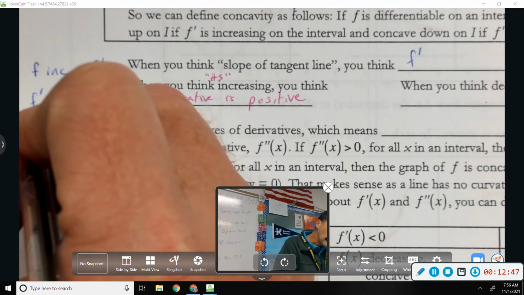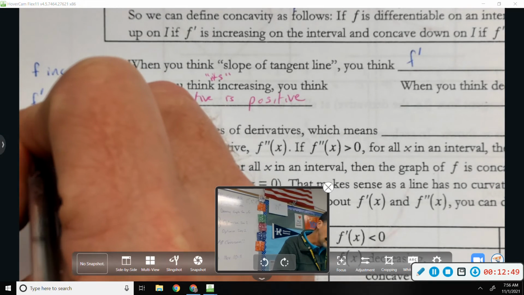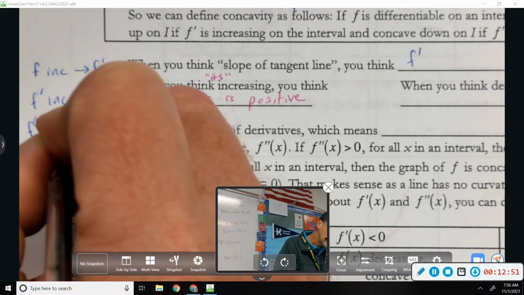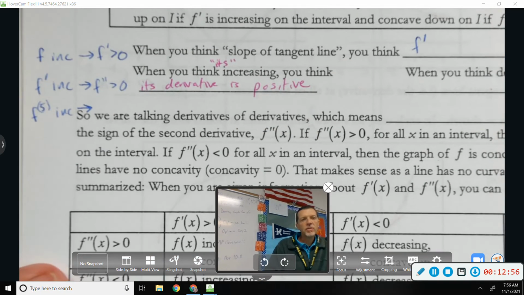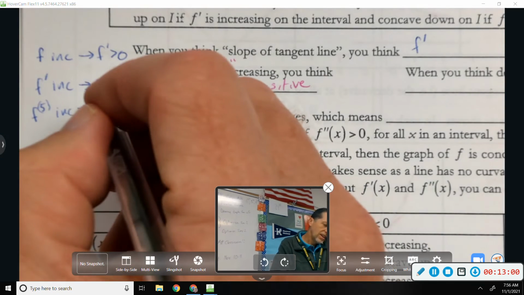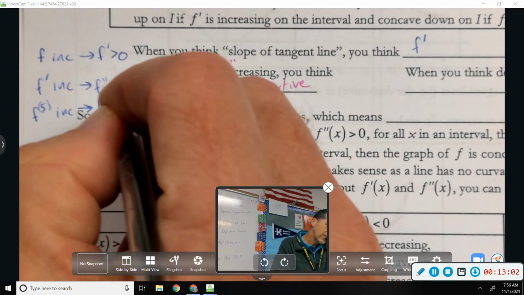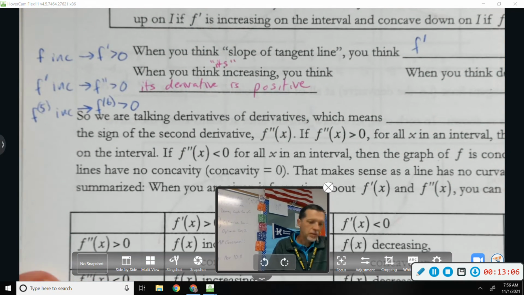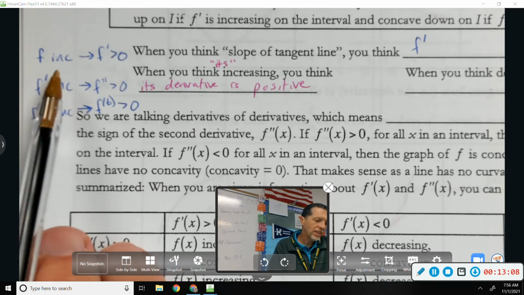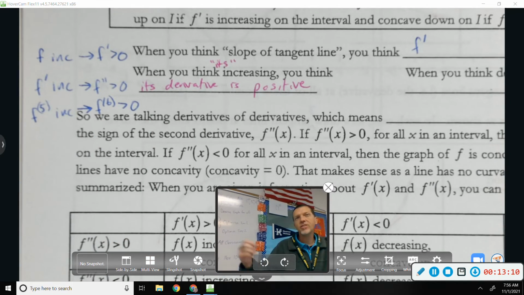And we could keep going. If the fifth derivative is increasing, I have no idea what that means in terms of the graph, but if the fifth derivative is increasing, what does that mean? The sixth derivative is positive. That doesn't really serve us any purpose, but that emphasizes that if something is increasing, its derivative is positive.